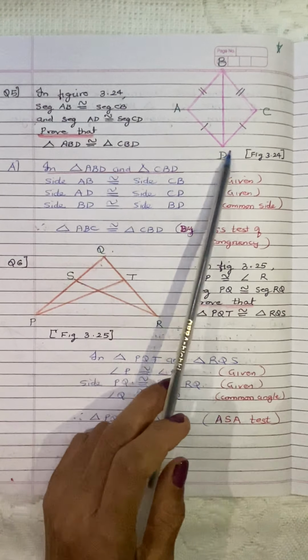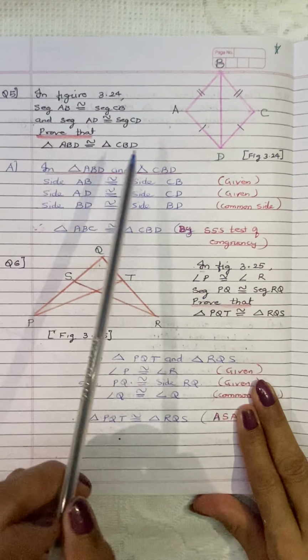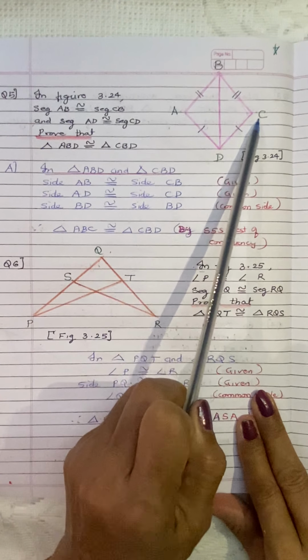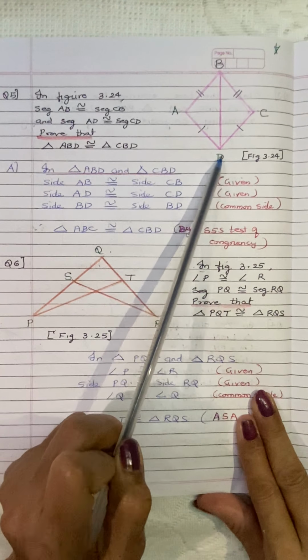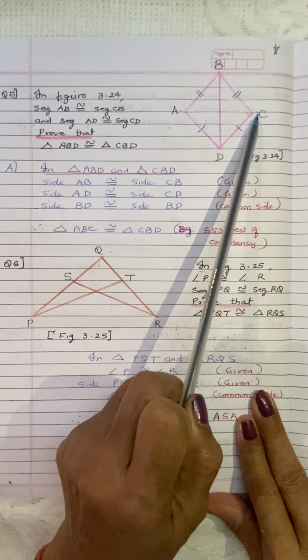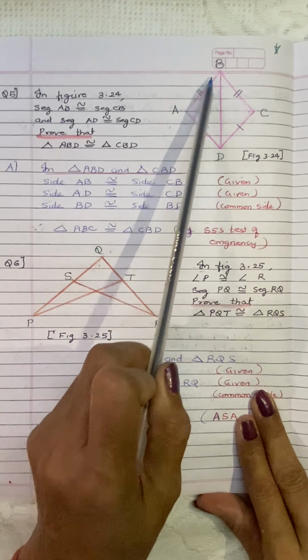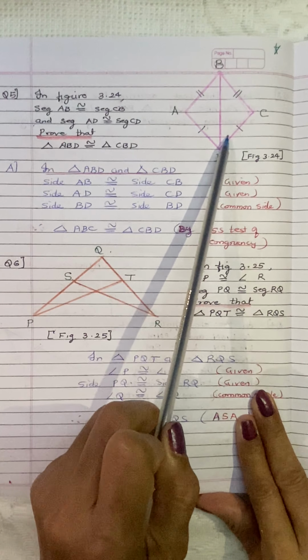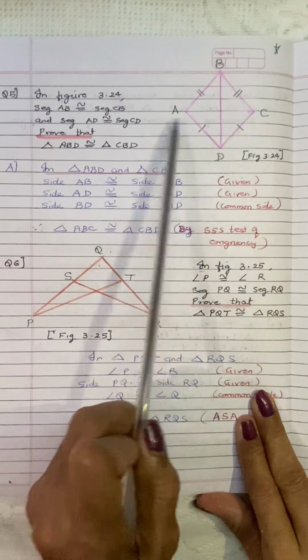In the figure 3.24, segment AB is congruent to segment BC and segment AD is congruent to segment DC. Prove that triangle ABD is congruent to triangle CBD. These two triangles are congruent.